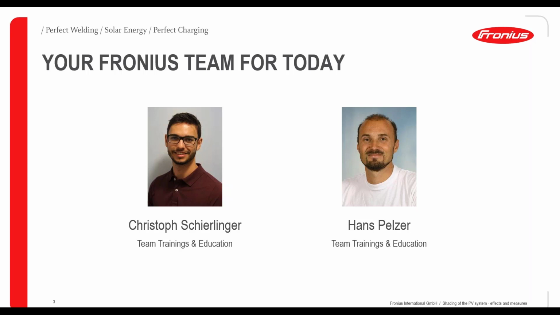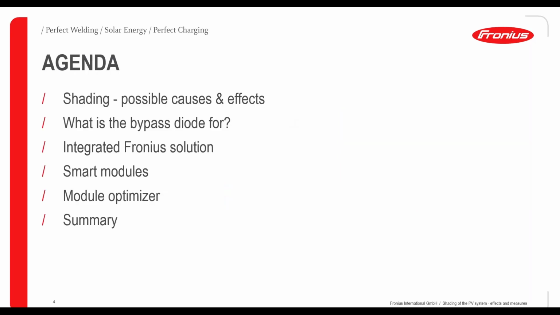Okay, but without further ado, I would say we start with the agenda, and therefore I quickly turn off my camera so that we can focus on the slides. So what's on the agenda? First of all, we want to talk about what causes shading in the first place and what the effects of shading are.